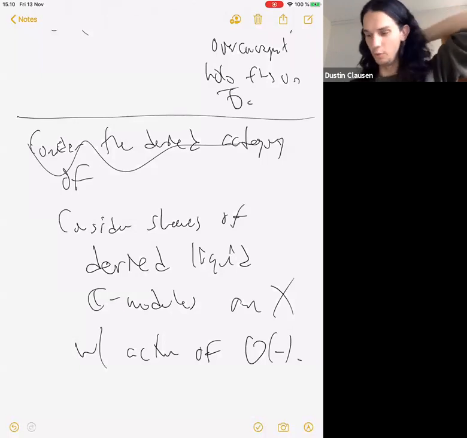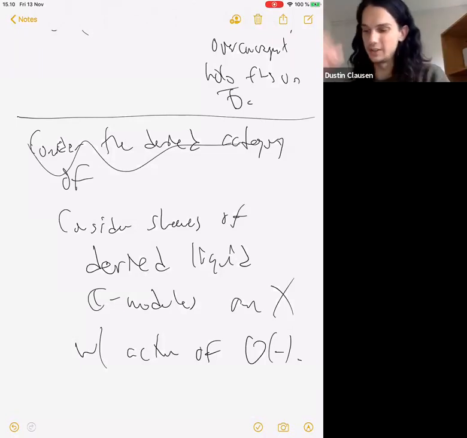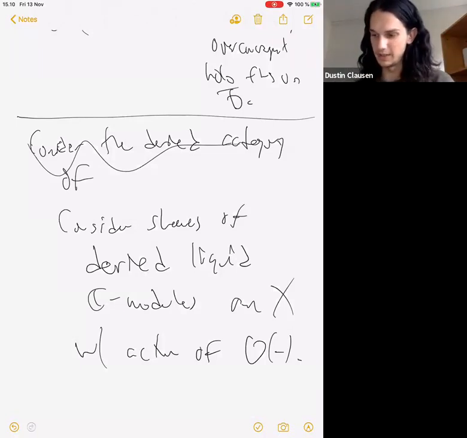So sheaves of O modules on this topological space, but where the sections are condensed vector spaces or liquid vector spaces instead of being ordinary vector spaces.